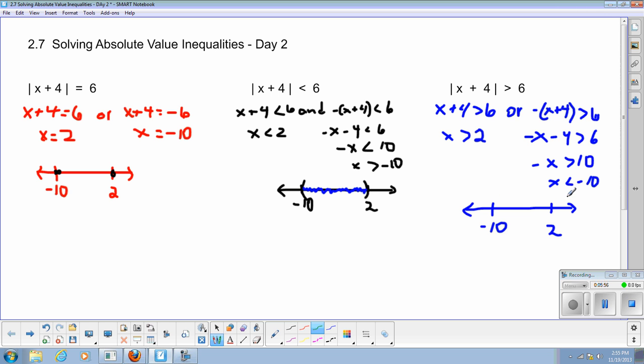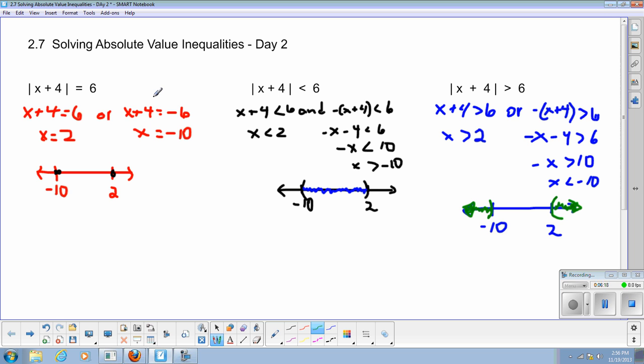It says greater than 2, so I have to have that parenthesis open towards the numbers that are greater than 2, and I will shade to the right. Less than negative 10: parenthesis on negative 10, shade to the left. Okay, now I have my graph made.